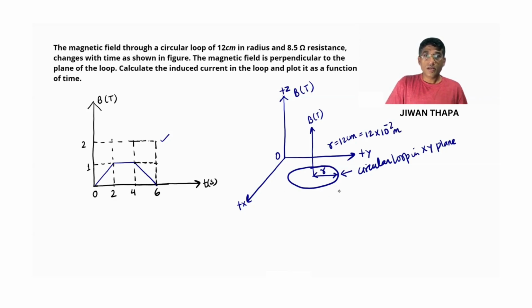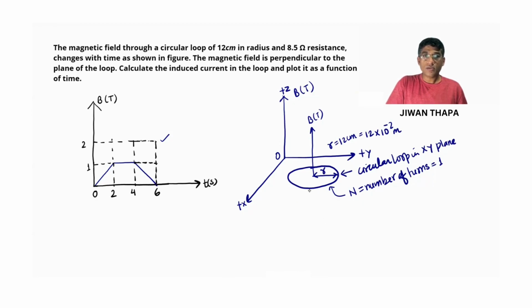Now let n be the number of turns in the circular loop. So we take the number of turns n equals 1. Now let us find the area of this circular loop.